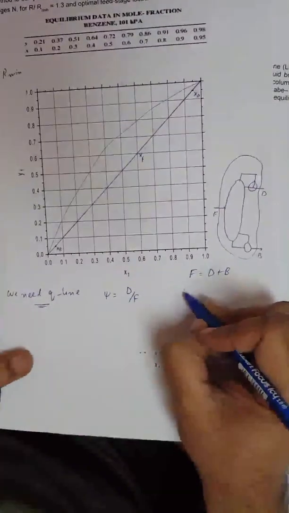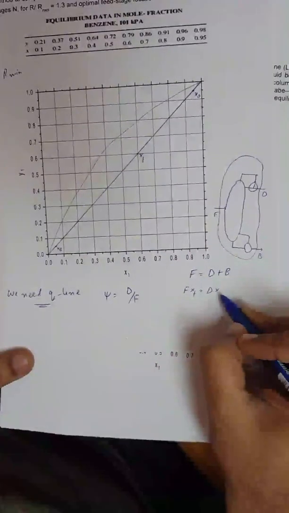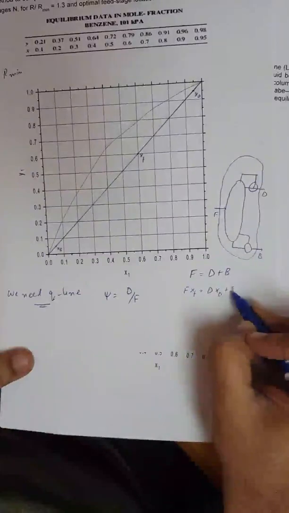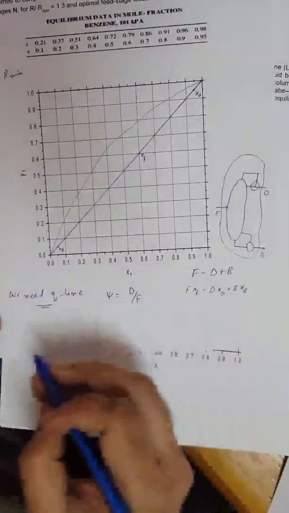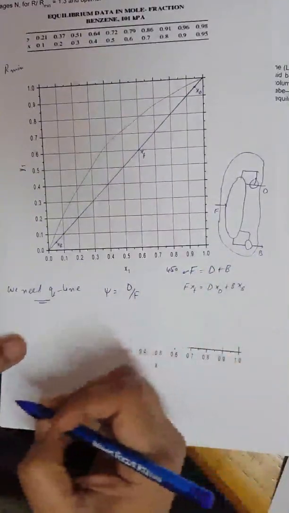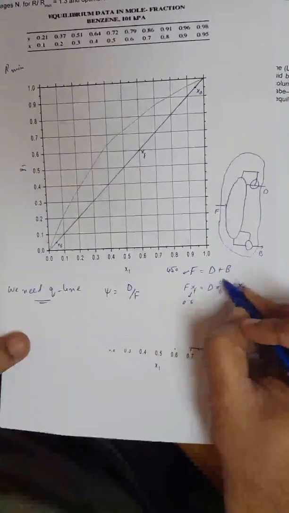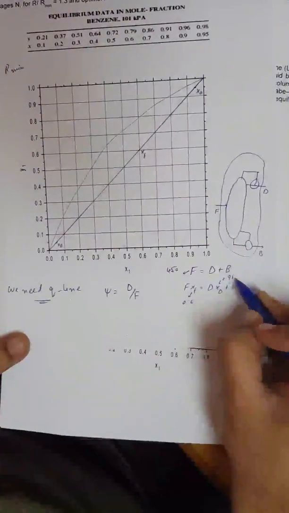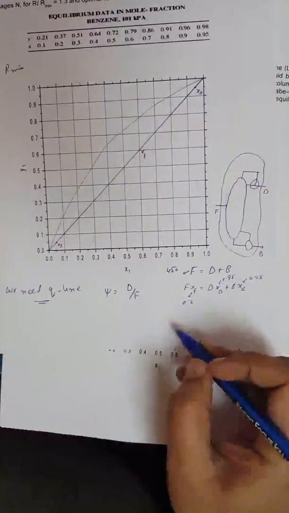Then we can apply the component balance. F is given as 450, so this is 450, this one is 0.6, this is 0.95, this is 0.05. Two unknowns, two equations.